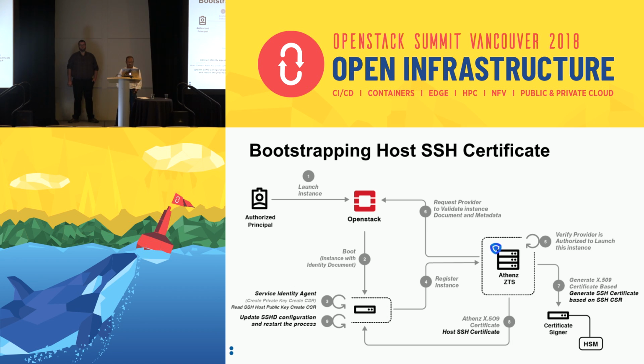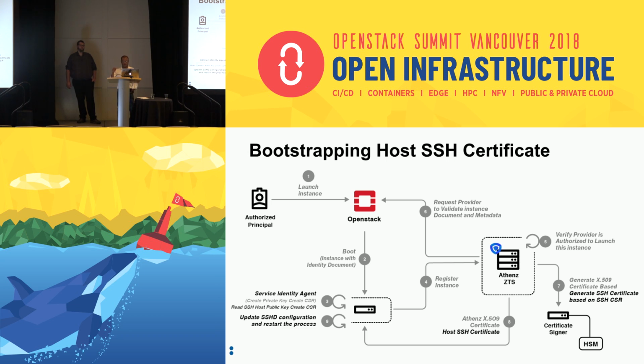So the way it works is that, same thing during the bootstrap, it gets a service identity X509 certificate, and it does 3 additional steps. So in number 3, the same service identity agent reads the SSH host key for that particular instance. It forms a CSR. Then again, when it talks to Athenz, it presents not only the CSR generated for the service identity, but it also presents the CSR generated from whatever the host key is.